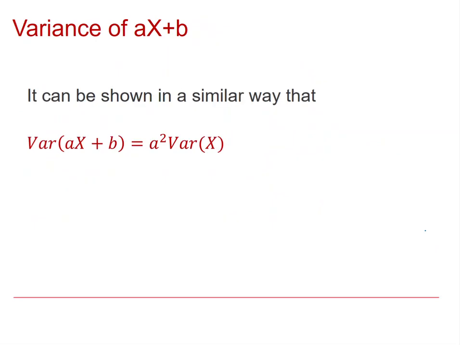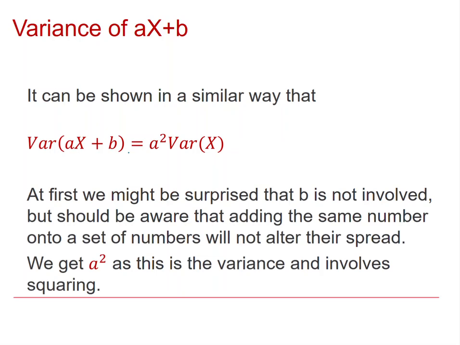We can do something very similar with variance, and I'm not going to show you during this video how to get that formula, but here is the result for variance as well. Now what might be surprising is that there's no b in our answer to this. All we are doing is multiplying our variance by a squared. But on further inspection, that also seems to make sense, because if you add a value to all of your individual outcomes, it doesn't change the spread.